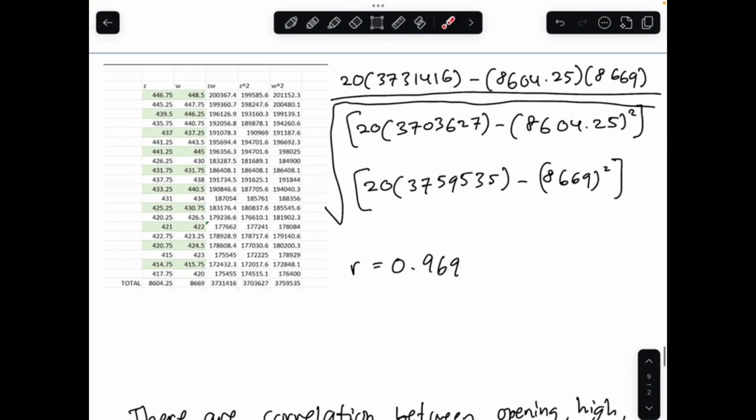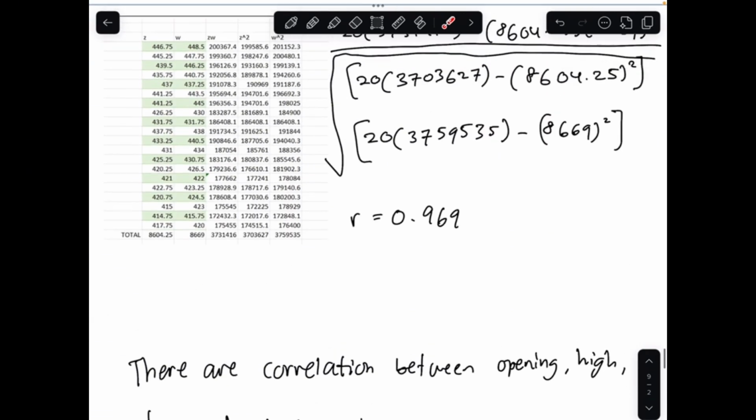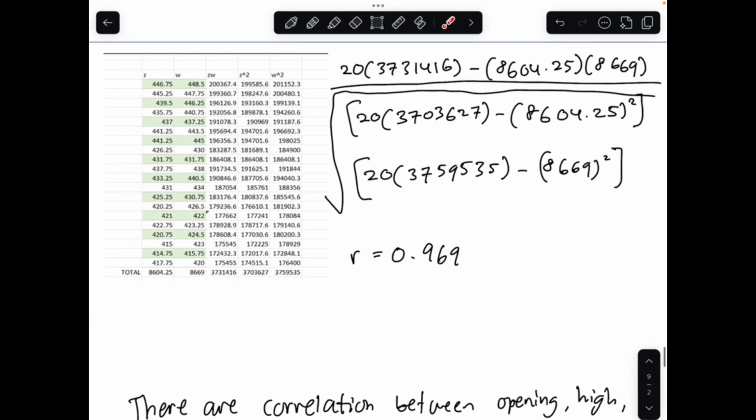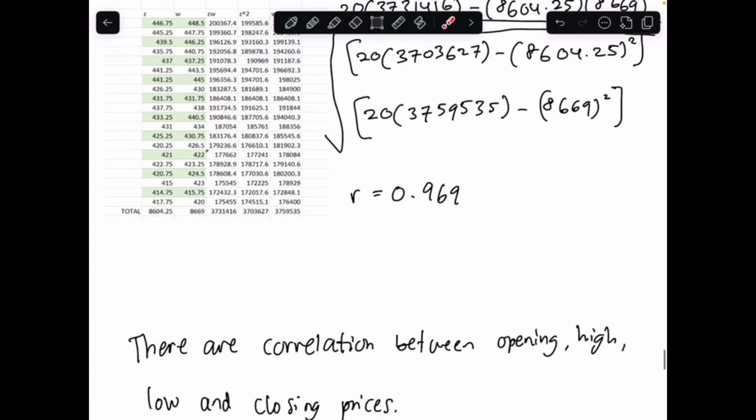And lastly, for Z and W, which are high prices and closing prices. So when we calculate by using the formula, we will get the answer.